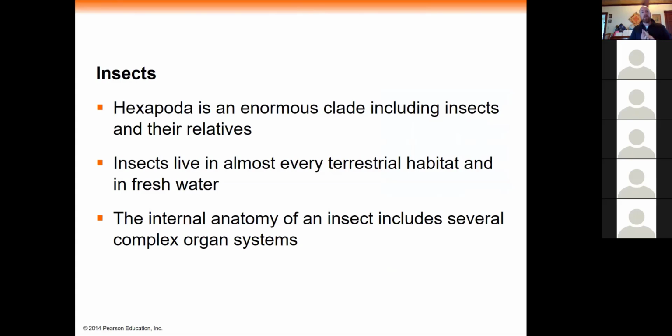So we find them in freshwater, we find them on land, we find them in the ground, we find them in the air. The internal anatomy is relatively complex. Interestingly, their immune system mostly relies on their cuticle. If they do get a disease that gets into them, they don't have a whole lot of an immune system to fight something. So most of their protection is just keep stuff out, which is sort of interesting.